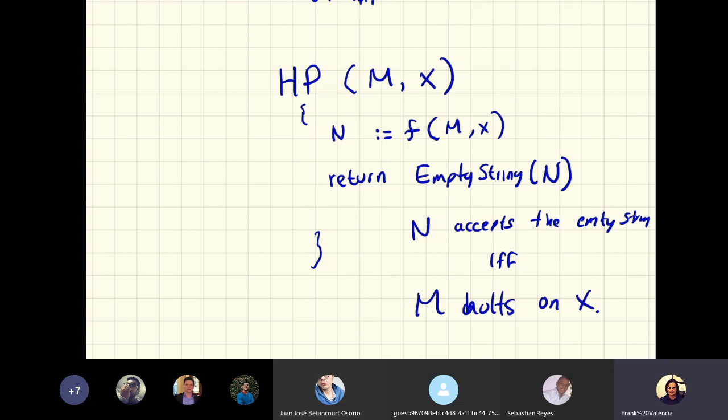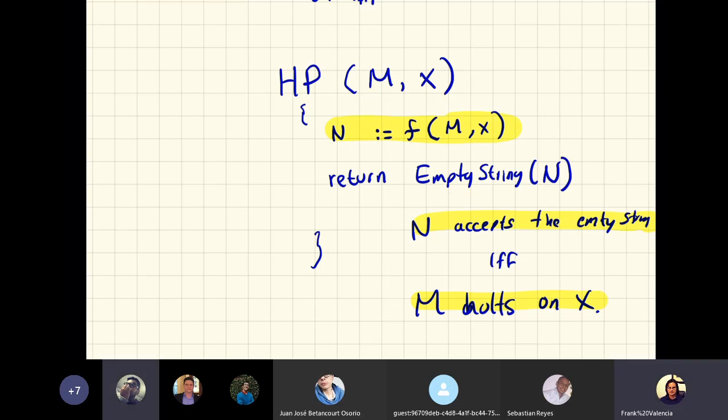Do you understand that? If m halts on x when this happens, then you are solving this problem. But of course, the trick is to be able to find this n. Do you see my point or not?